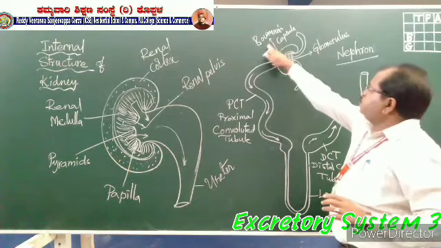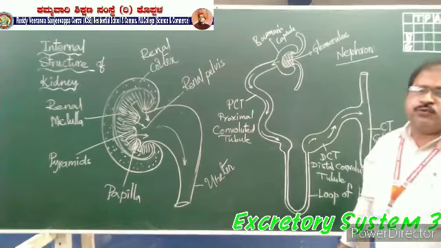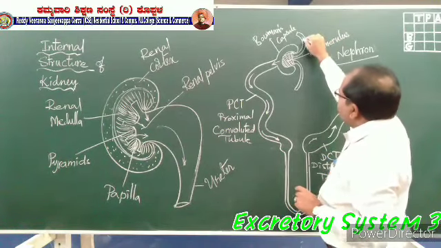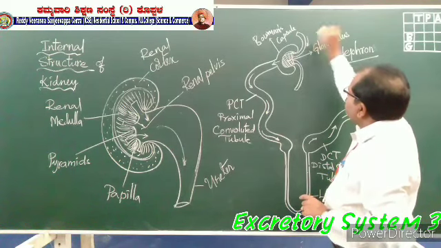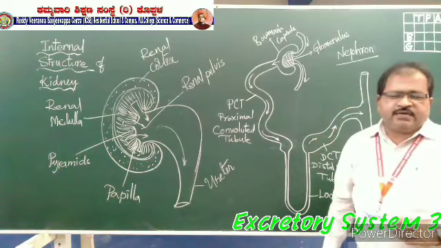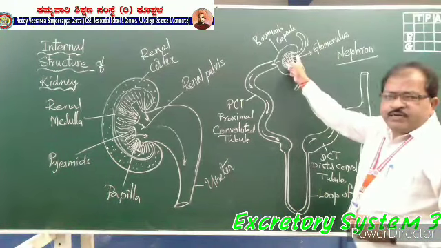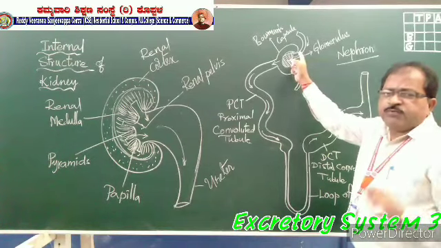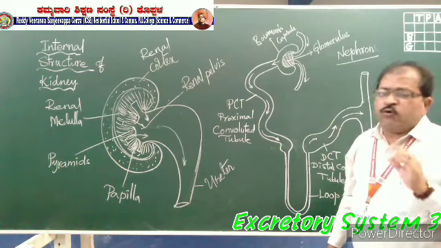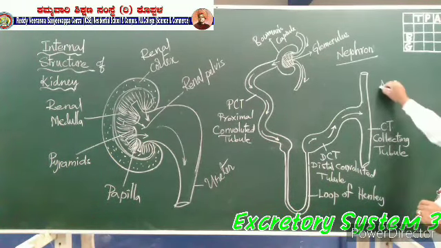Okay, and the Bowman's capsule and the glomerulus together are called the Malpighian corpuscle. Here one blood vessel is entering and one blood vessel is coming out of the glomerulus. The blood vessel entering into the Bowman's capsule is called the afferent arteriole.